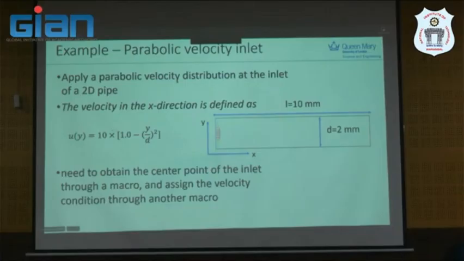In the standard interface of FLUENT, we can only input a constant value. But in this case, the inlet velocity depends on the y coordinate. So we need to use a UDF to write this function.